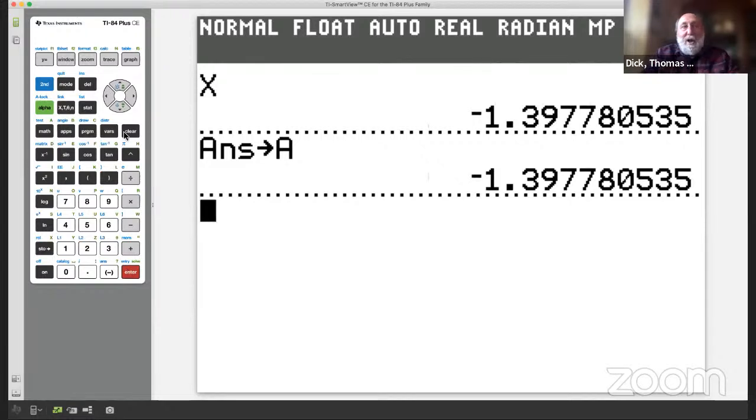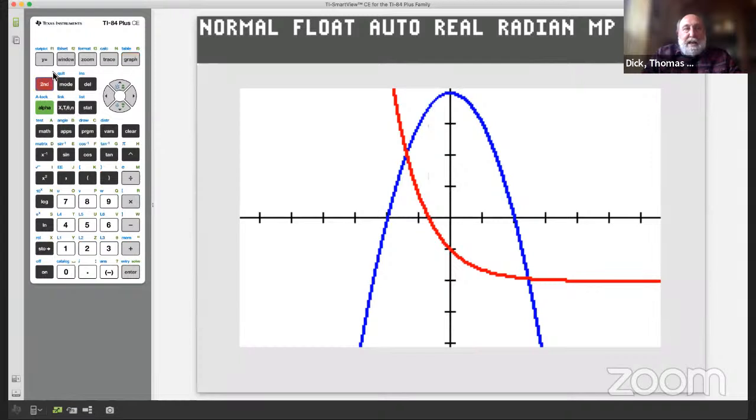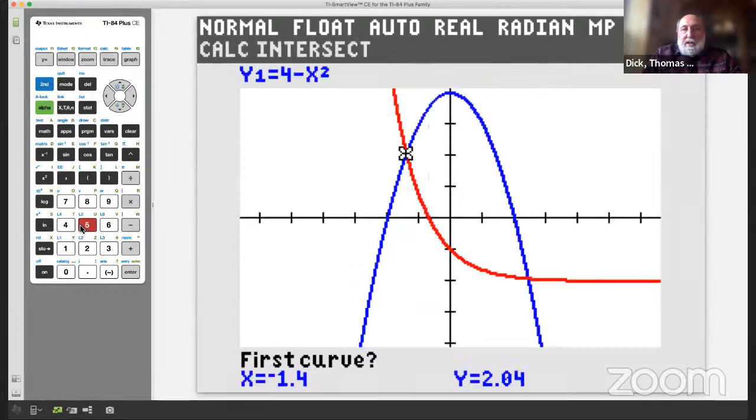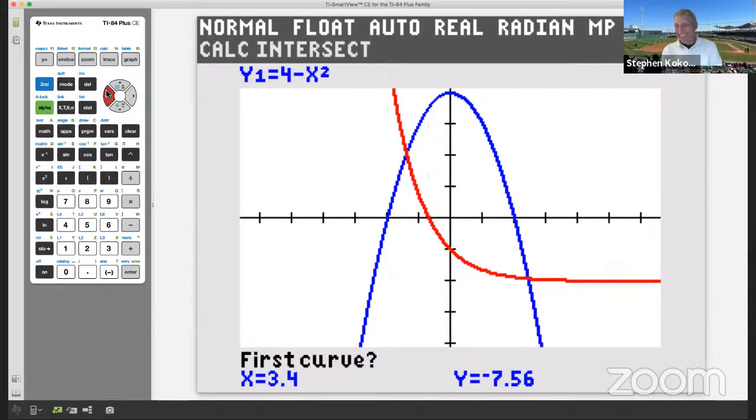Now I would do a similar thing: go back to the graph, hit my calc key again, and do intersect. I'm going to move over. Whoops, went a little far there. Right now the main thing is to be on the blue curve.